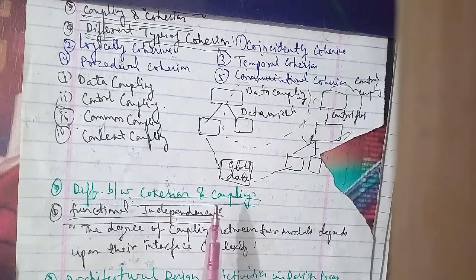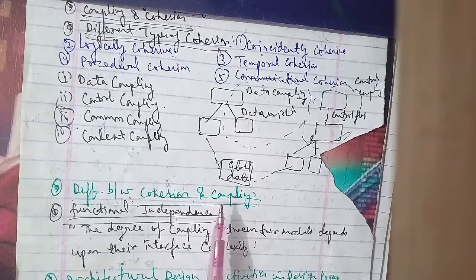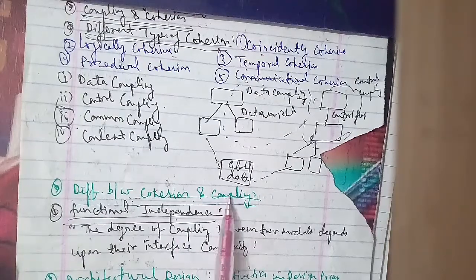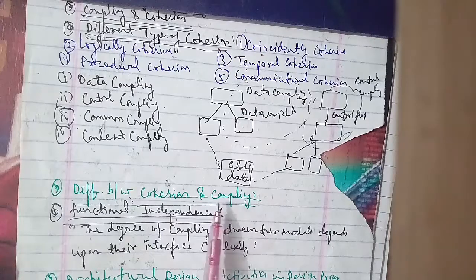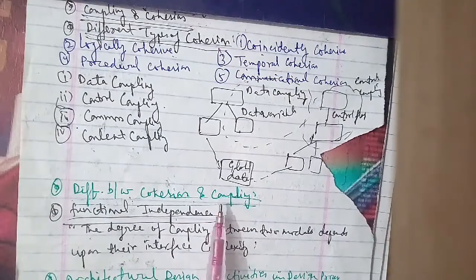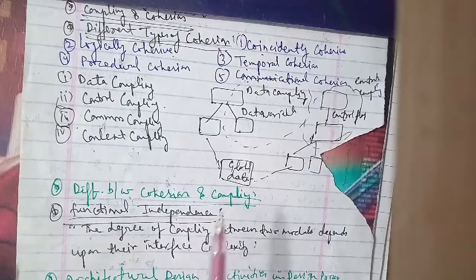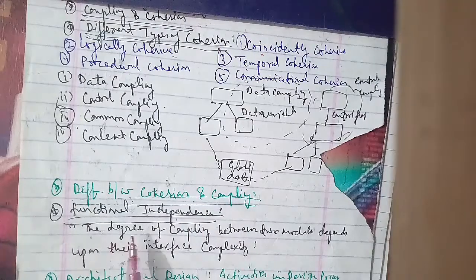Coupling effectively represents how modules are connected with other modules or with the outside world. Low coupling means the modules are loosely interconnected, so they are less dependent upon each other.